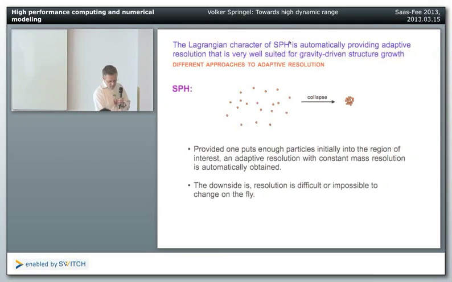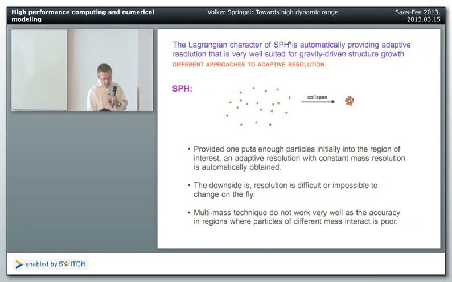More problematic is that if you have particles of different mass in the kernel, then the accuracy takes another hit. And so in general, it's not a good idea to have multiple masses in SPH. At least if you do, at the boundaries, you will not have very trustworthy dynamics.